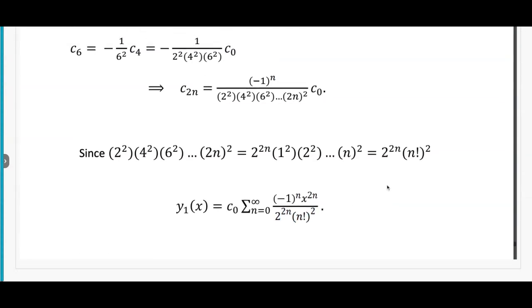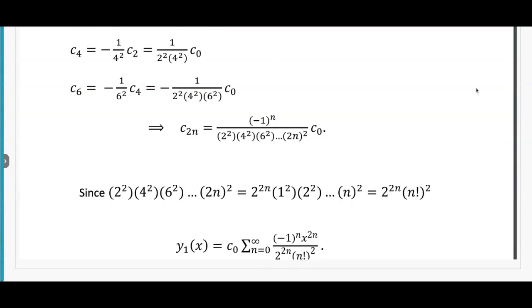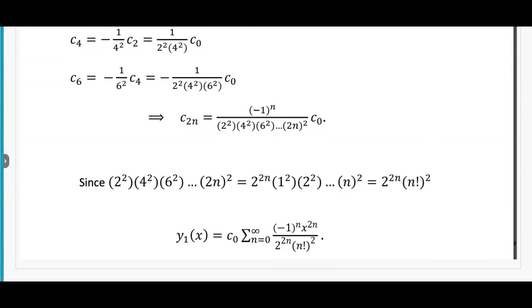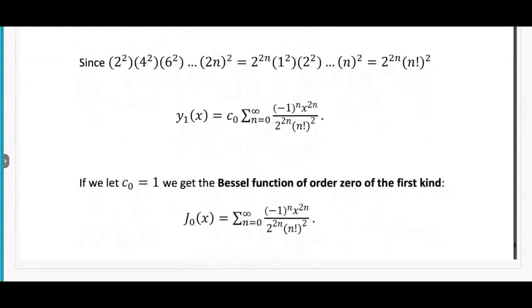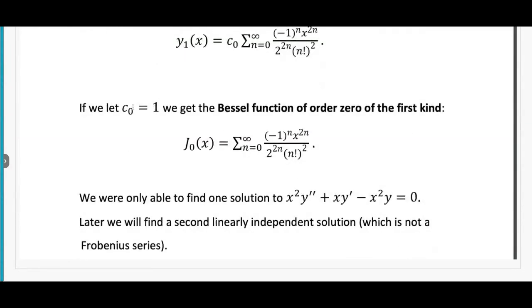So our solution has this form. Anyone has any questions? If C naught is 1, we get the Bessel function of order 0 of the first kind.